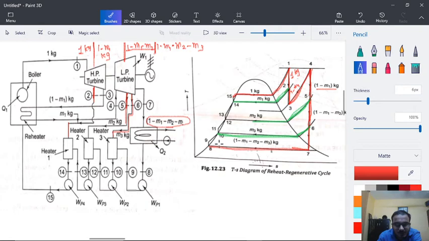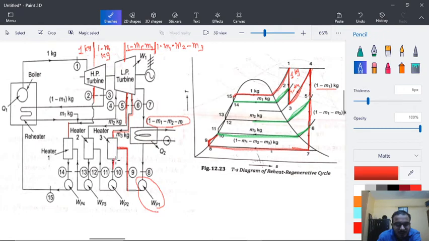First we are pumping this, if we focus on this portion, that is going from 8 to 9. Then it is going into heater number 3, where m3 kg, that is over here, is meeting this 1 minus m1 minus m2 minus m3. So this line and this line are being combined. Then we are getting this exit point, that is point number 10.